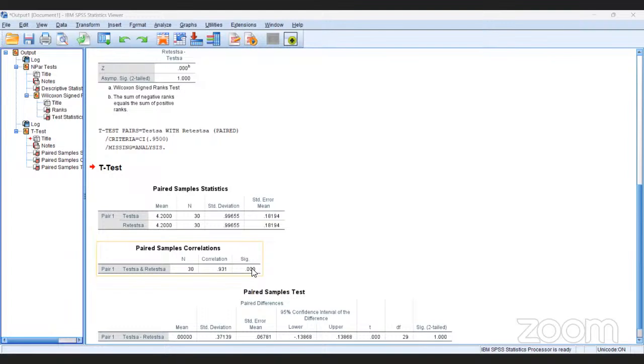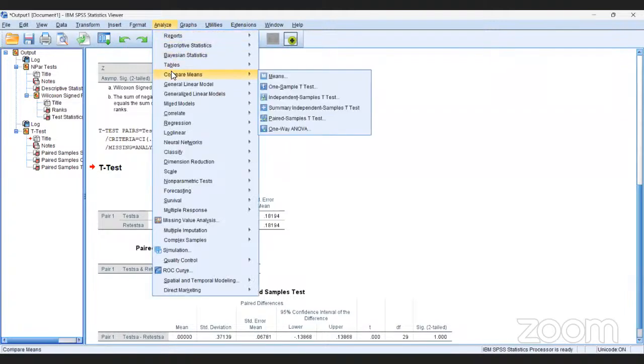That means if you want to do the paired sample t-test, you have to follow this format. First we go to Analyze. After that, Compare Means, and then the paired sample t-test.